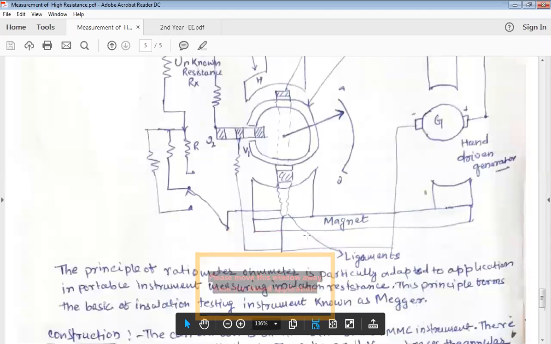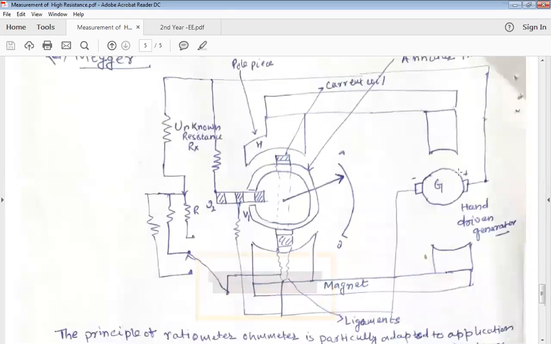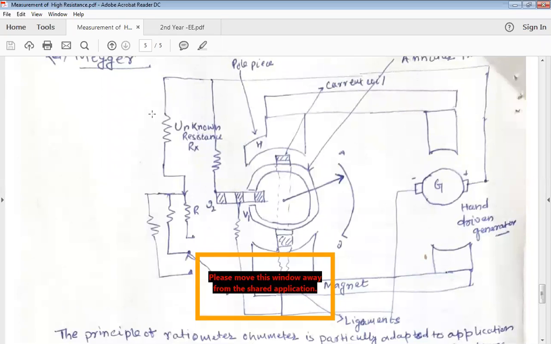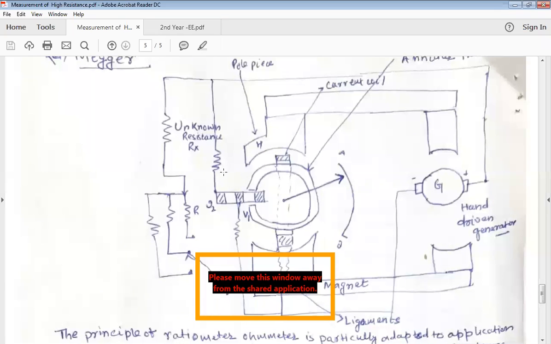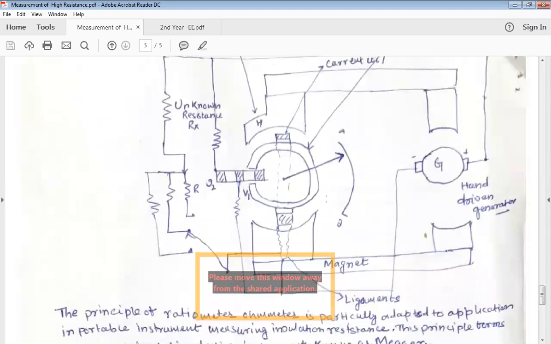So the current coil and the voltage coil terminals are connected with this hand driven generator. When you rotate the generator, there is current flowing through the current coil and voltage coil, and the unknown resistance is connected in between the voltage coil and the current coil.